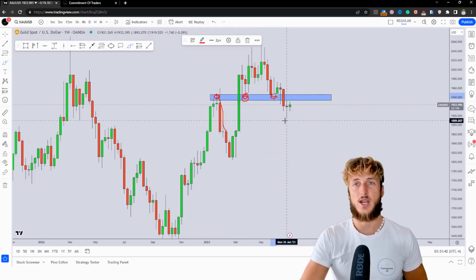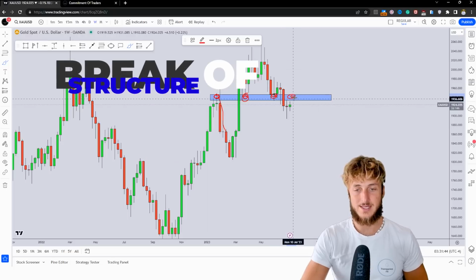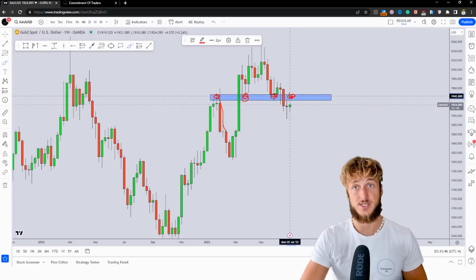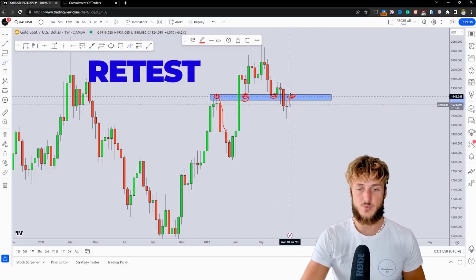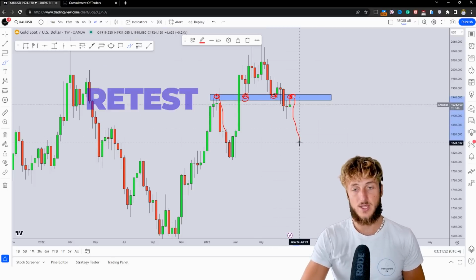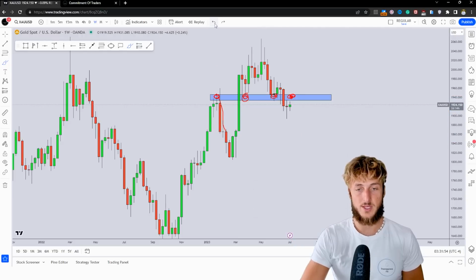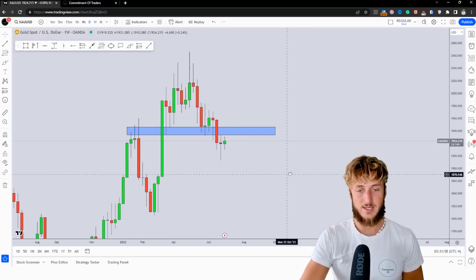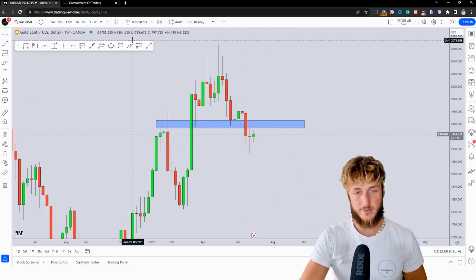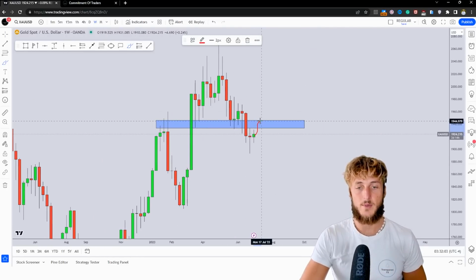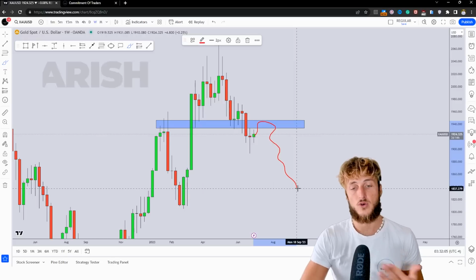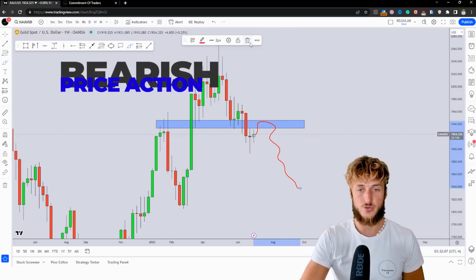However, now that the market has broken it to the downside, this zone is currently acting as resistance. So what we could expect is a potential retest of this previous support and resistance before then seeing bearish continuation being developed away from this zone. So by looking at the market from the monthly and weekly time frames, we could expect to see a bit of short-term bullish price action and then more longer-term bearish continuation.